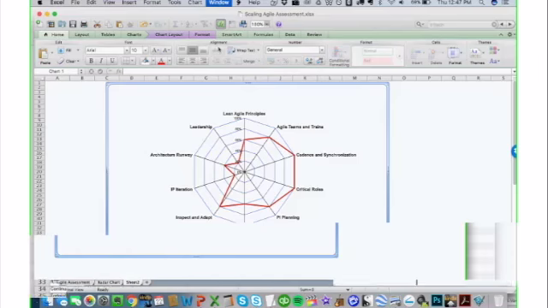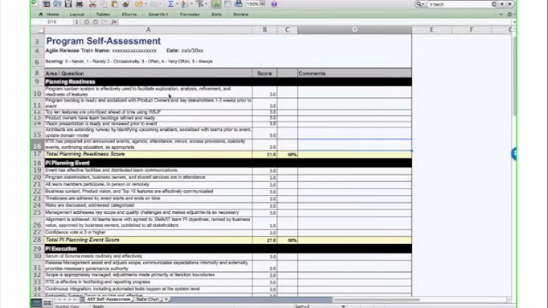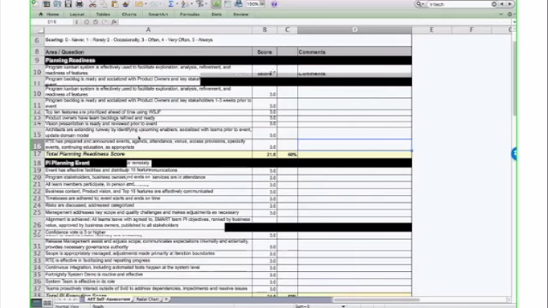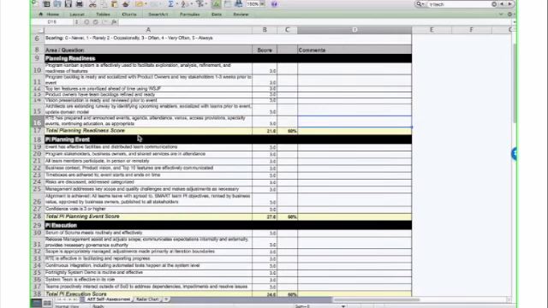So it's an Excel spreadsheet. It's a self-assessment, and you just basically go through and answer these questions. Give yourself a score. Each program member gives themselves a score, and then we aggregate those. Very similar are these different areas: planning readiness, PI planning event, PI execution, right? It's more fine-grained.